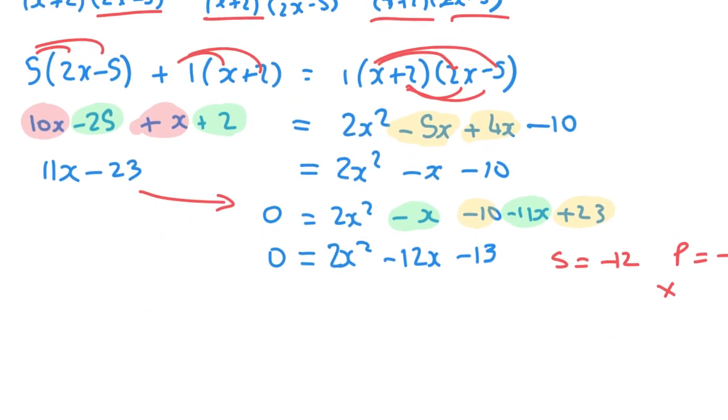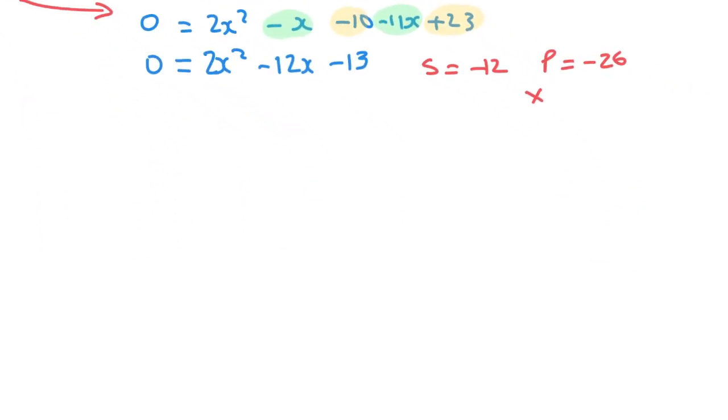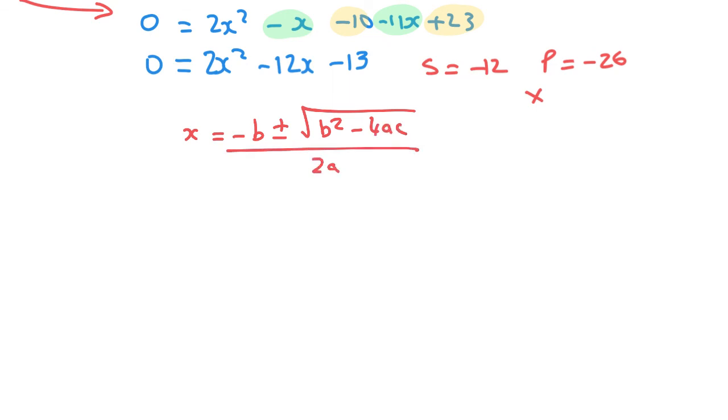So the quadratic formula is x equals minus b plus or minus the square root of b squared minus 4ac all over 2a. It would be worth our while at this stage to write that a equals 2, b equals minus 12, so minus b would equal 12, and c equals minus 13.